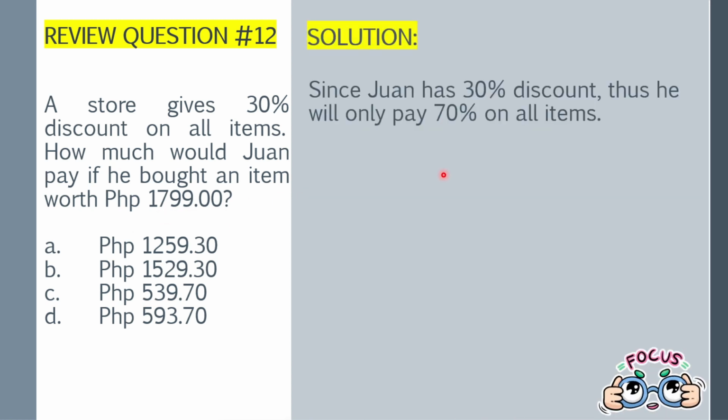However, we can simply solve this using the following idea. Since one has a 30% discount, he will only pay 70% on all items.